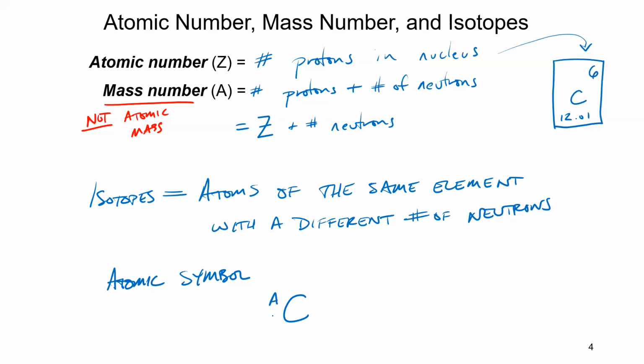We write the atomic number, Z, in the lower left, right? And if there's a charge, I'm just going to put a dotted circle here. If there's a charge, we put it there, right? So again, this is mass number, not atomic mass, mass number. This is the atomic number, right? And here is the charge if it has one.